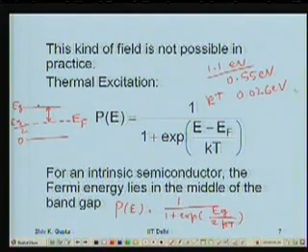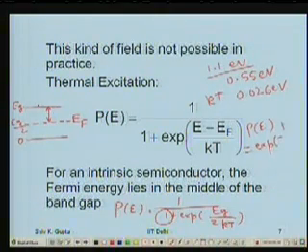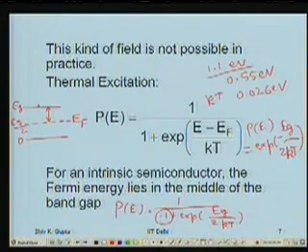This is more than 20, exponential of more than 20, which will be much greater than 1, and I can neglect the 1 here, and this can be written simply as exponential of minus Eg upon 2kT. Okay, because this is brought in the numerator after neglecting 1.